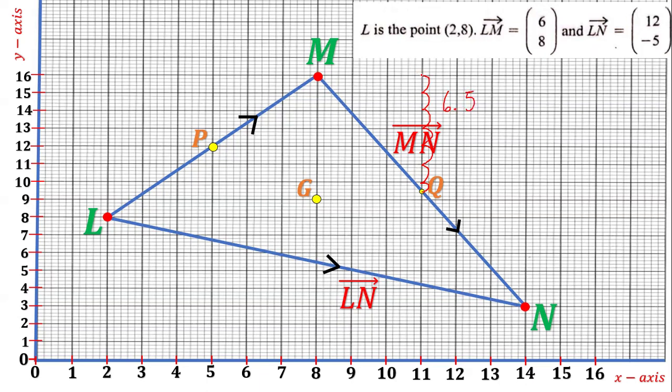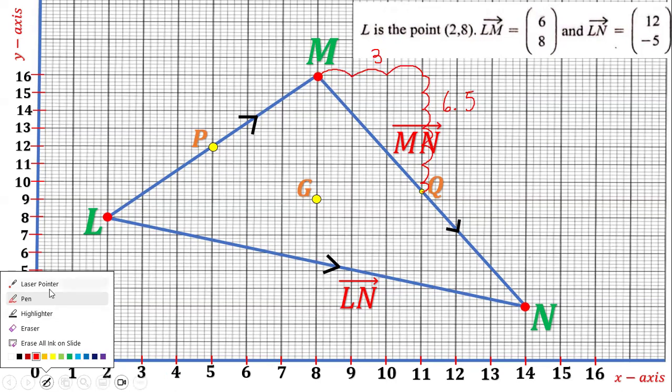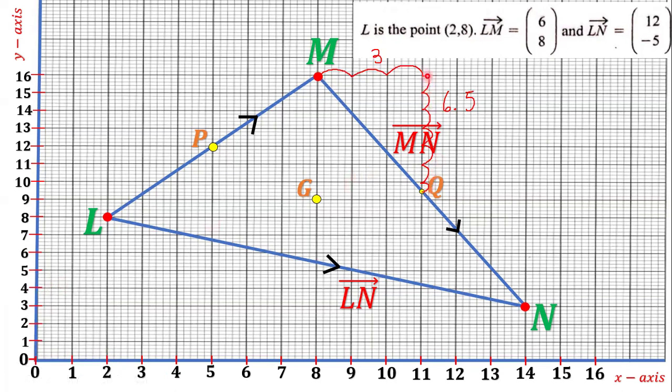Now in the x direction, we go 1, 2, 3, so that is 3 times to the left. So we have 3 and we have 6.5.